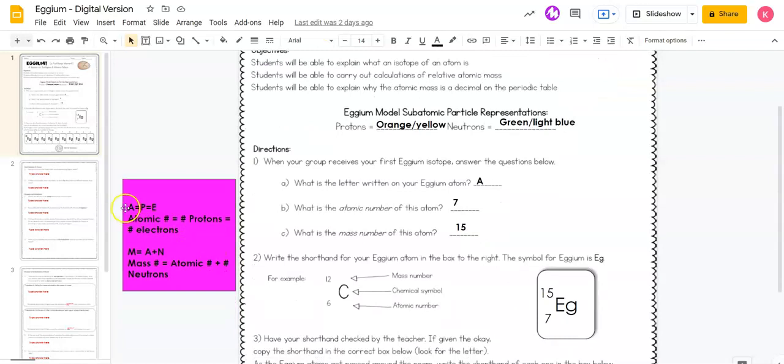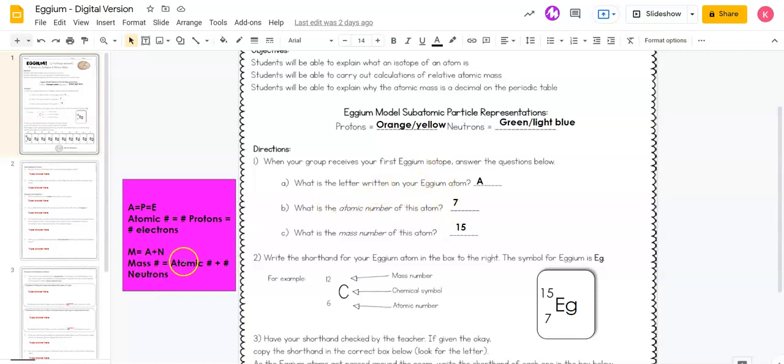And I put this over here for you as well. If you remember, our atomic number equals the number of protons. Okay, so our atomic number is 7 because we have 7 of the orange/yellow protons. Now the mass number is our atomic number plus the number of neutrons.